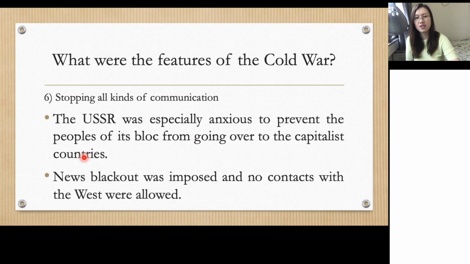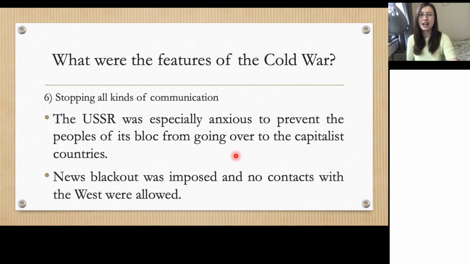And then, stopping all kinds of communication. We already mentioned this feature in the containment policy. This is a time when they wouldn't fight the other side on the battlefield. Instead, they would keep their distance, and they would also stop communication and collaboration, right? The USSR was especially anxious to prevent the people of its bloc from going over to the capitalist countries.